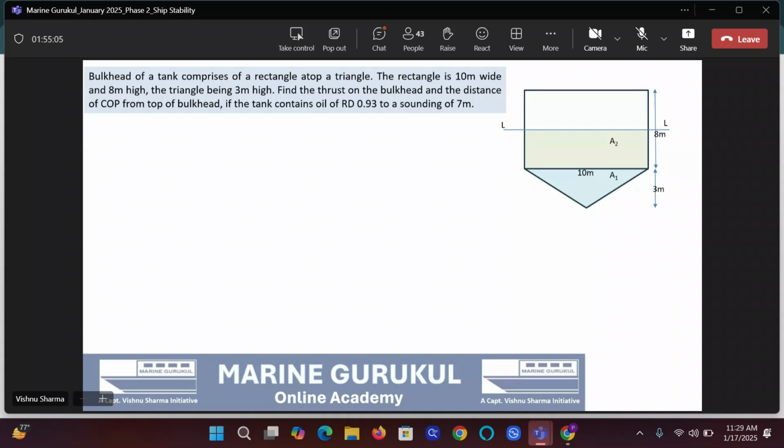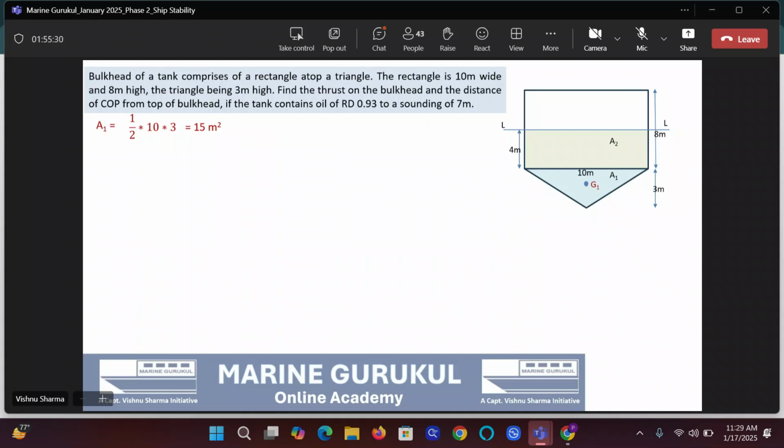Can you please calculate immersed area 1 and give me the value? 40 meters. A1 is 40, A2 is 40. Okay, that's okay, guys.